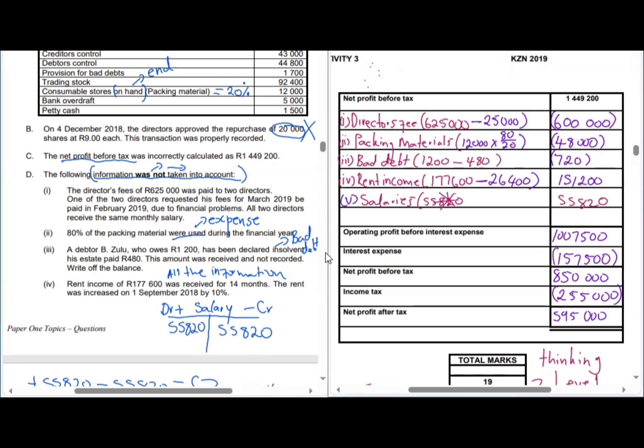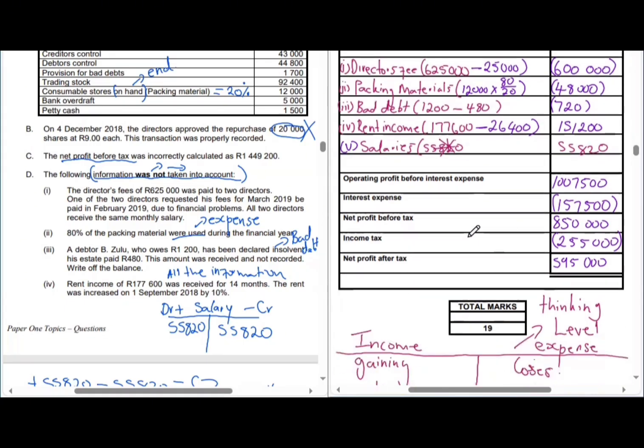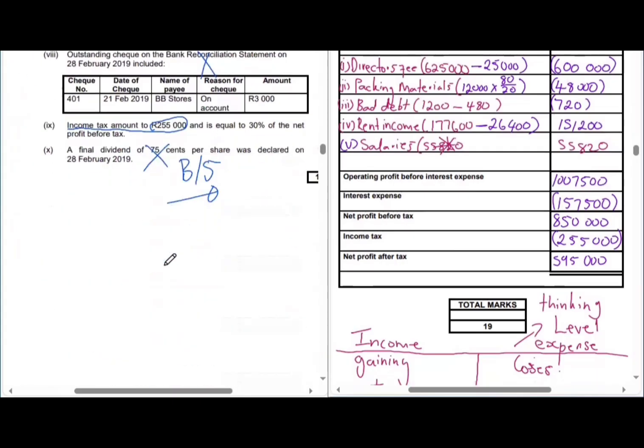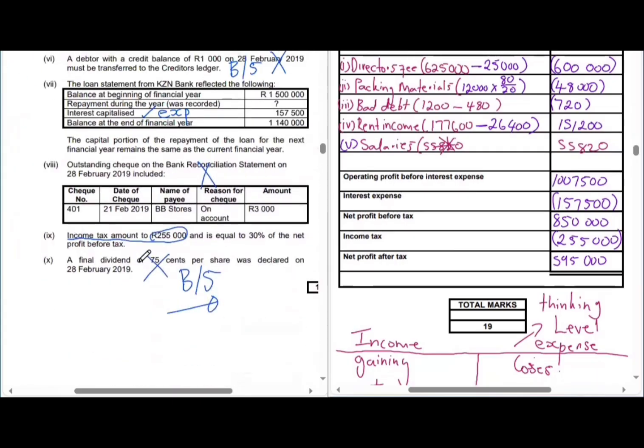And then guys, there's something interesting that I saw in our transactions here, income tax. So they said that income tax of 255,000 was calculated as the 30% of our net profit before tax.